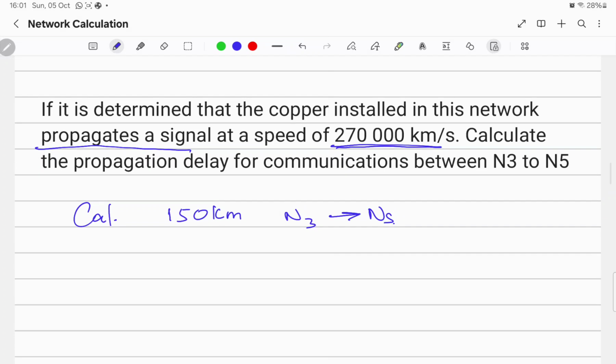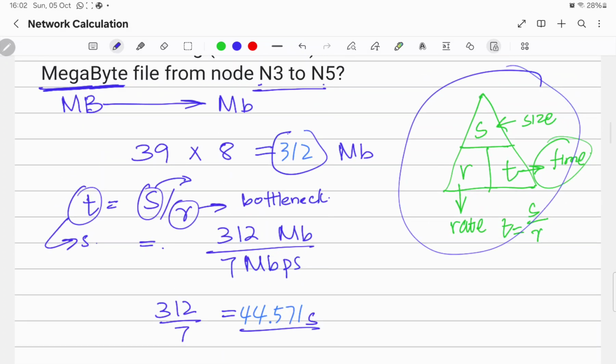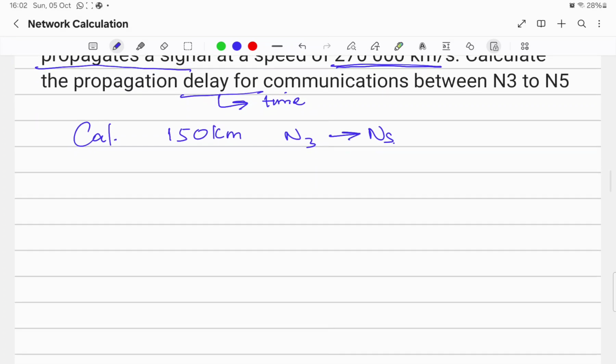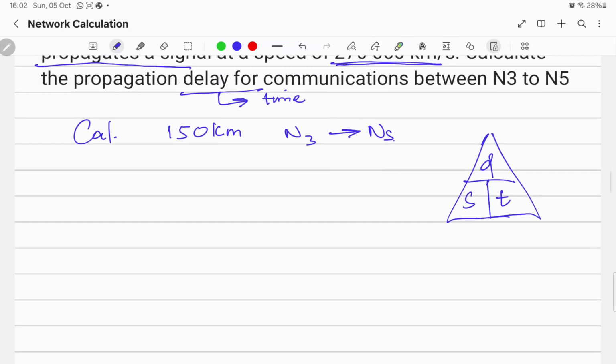Remember, we are calculating: if it is determined that the copper installed in this network propagates a signal at a speed of, calculate the propagation delay. Delay, this is time. Remember that formula that I just showed you. In cases like this, I just like to tweak it a little bit since we're dealing with distances: distance, speed, time.